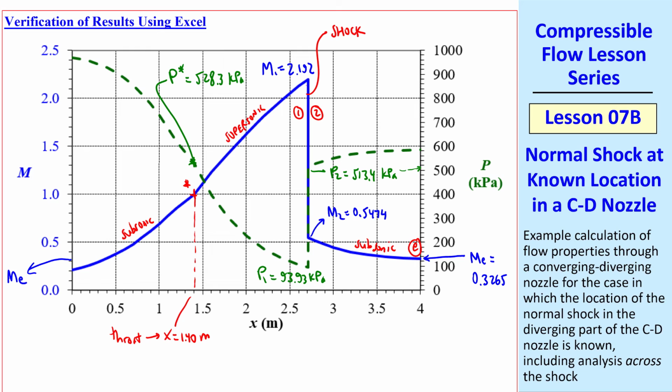And finally, this all agrees with what we've discussed qualitatively previously. The flow accelerates through the converging section, continues to accelerate through the diverging section, jumps dramatically down in Mach number to subsonic across the shock, and then in the subsonic diffuser, the Mach number and velocity decay to our final ME, exit Mach number.